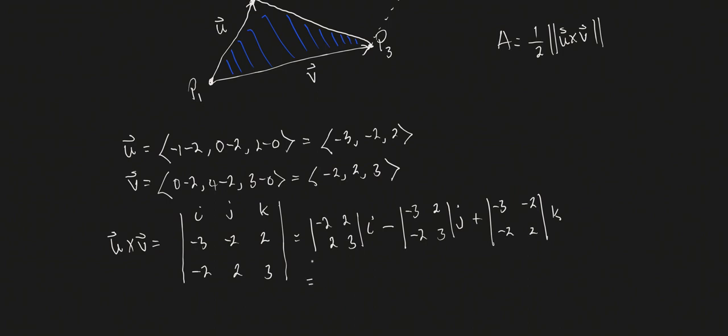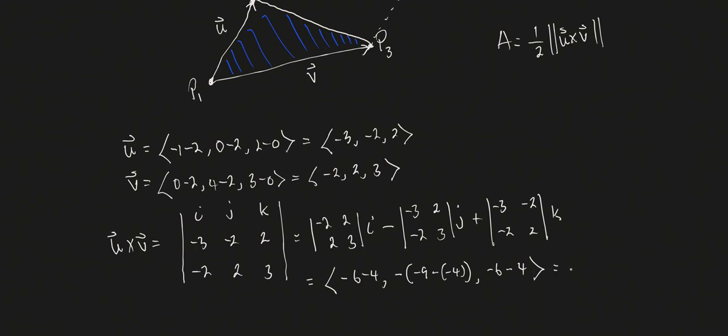Then let's write down the components, and I'll just put them in angled brackets. So we have -6 minus 4, and then comma, minus the quantity of -9 minus -4. Again, remember we're using our 2×2 determinant formula, and then finally -6 minus 4, because we have -2 times itself, and there's that minus in our formula for the 2×2 determinant.